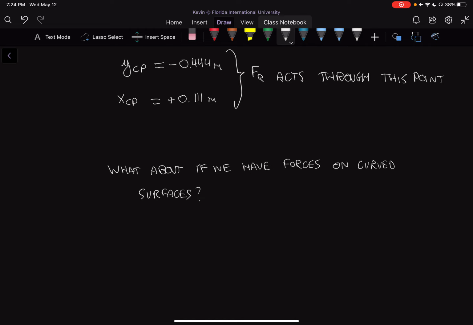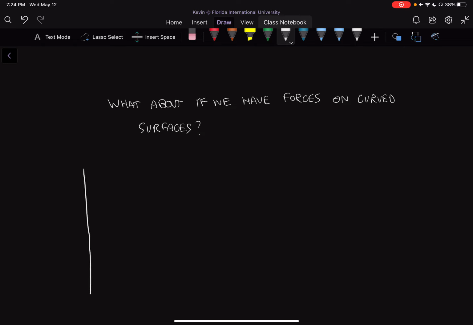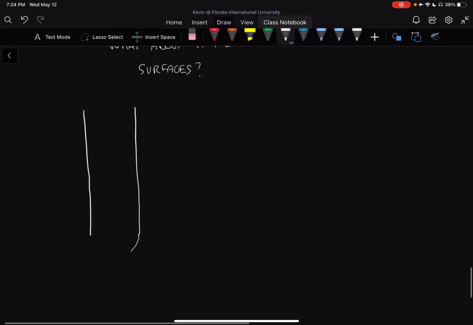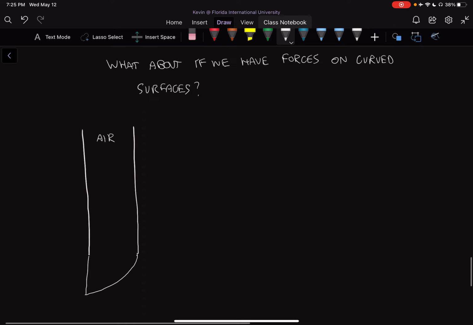For example, let's take another example where we have a column of fluid, and on one side of that column, we end our column like this. So instead of having a flat bottom, we now have a bottom that has a certain angle. In this class, we're not going to be focusing on curved surfaces because it does make it much more complicated. But essentially in this column, you could have air at the top.